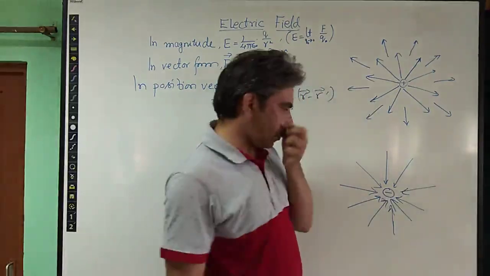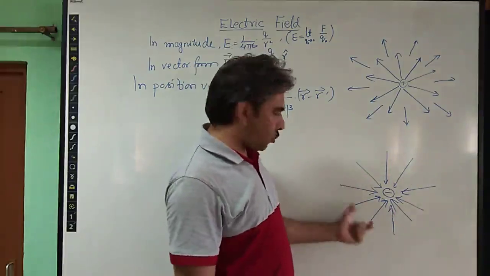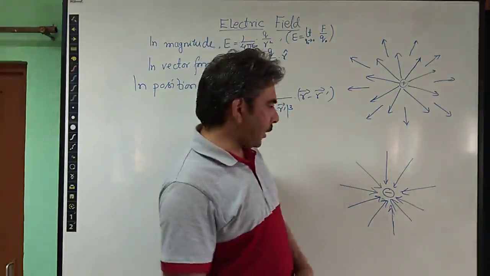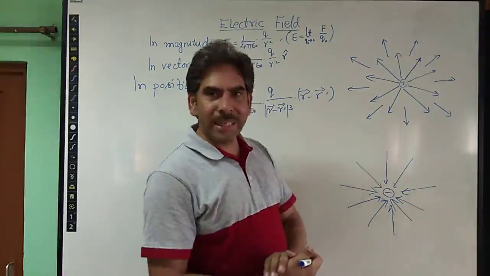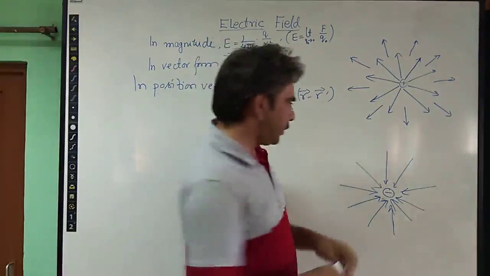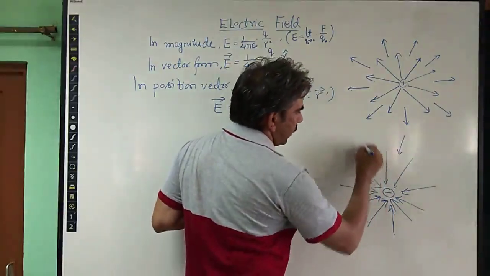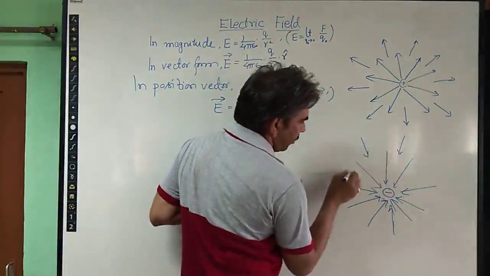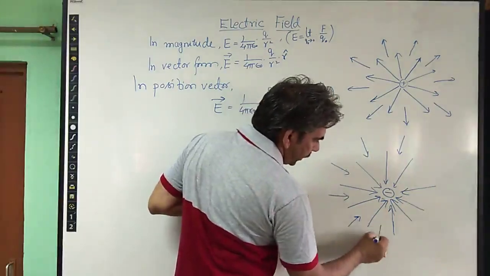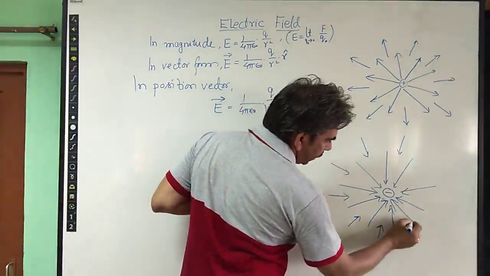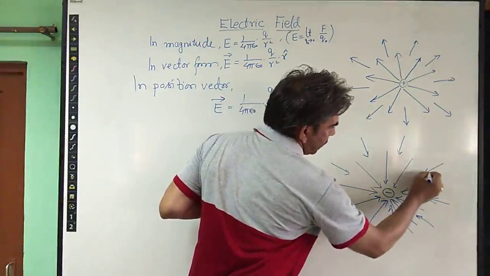Near the charge, the length of the arrow is more, representing the strong electric field, and because the arrows are pointing towards the negative charge, the electric field is directed towards the negative charge. And at points away from this negative charge, the arrows will be drawn comparatively shorter, representing a weak electric field at farther points of a negative charge, just like this.